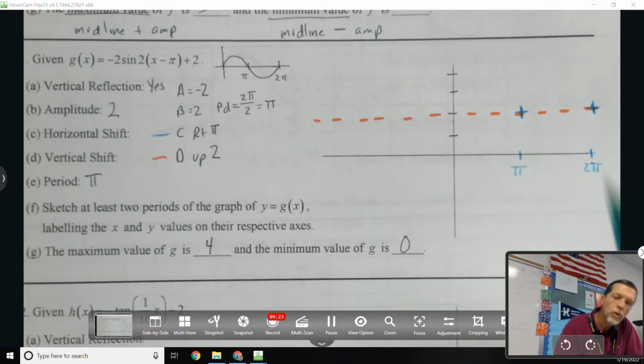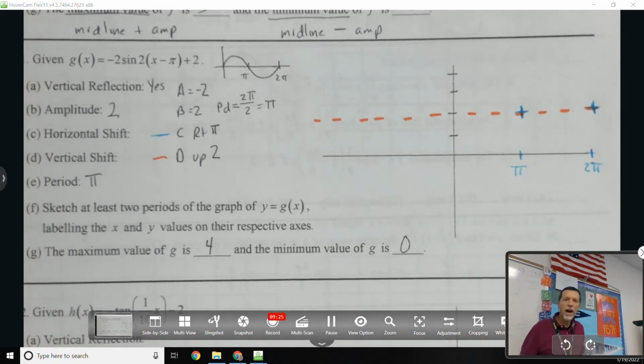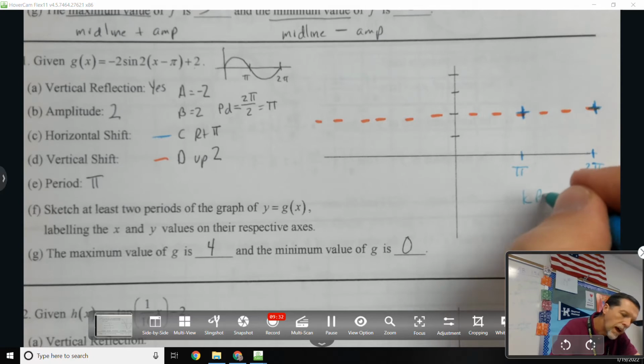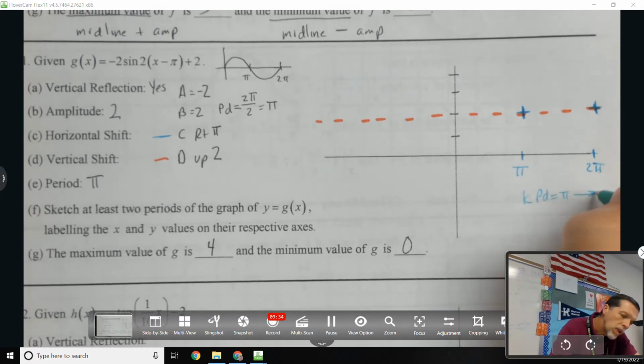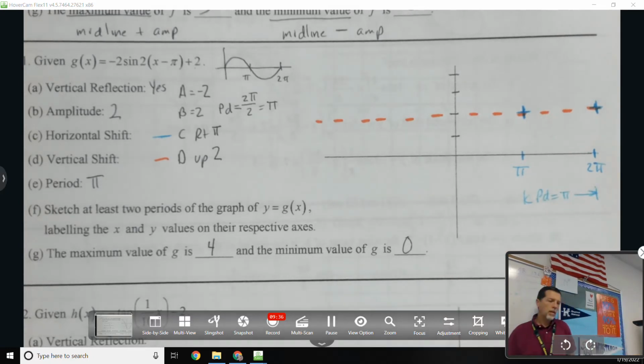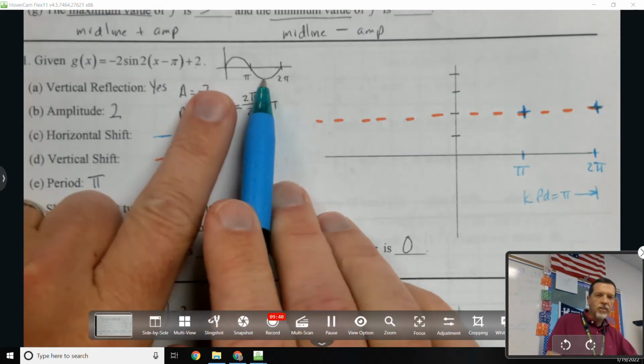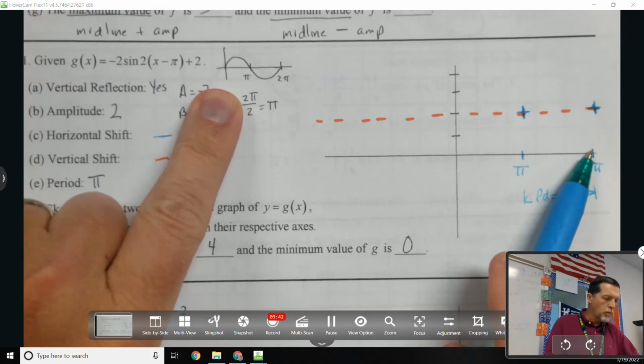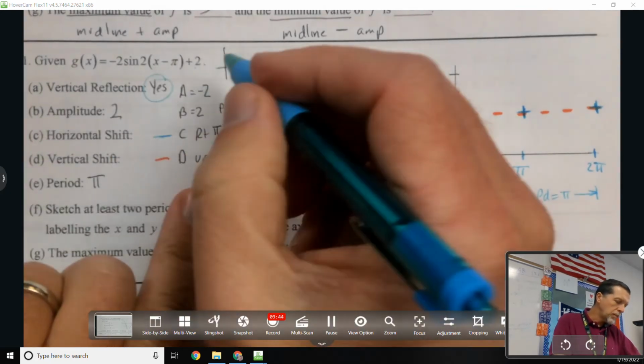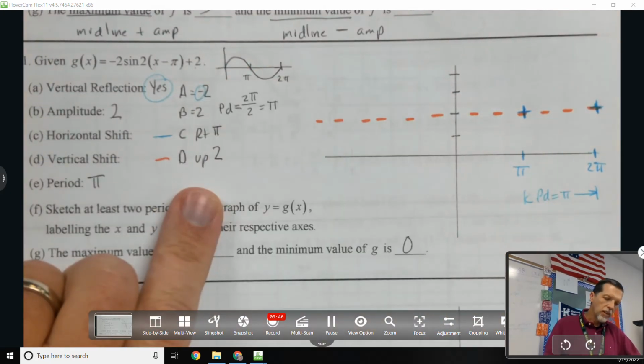So my new origin is pi, and my start over point is 2 pi, because period is 1 pi. So I need to fit now this graph in between pi and 2 pi, although it's been flipped. So I need to be careful.